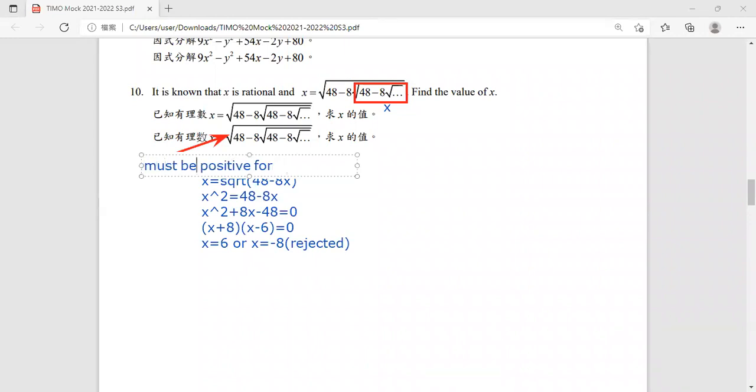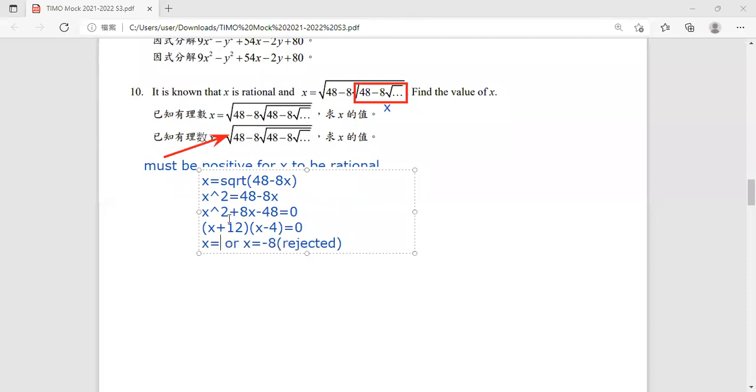My bad. Yes, x must be positive, so x is equal to 6.